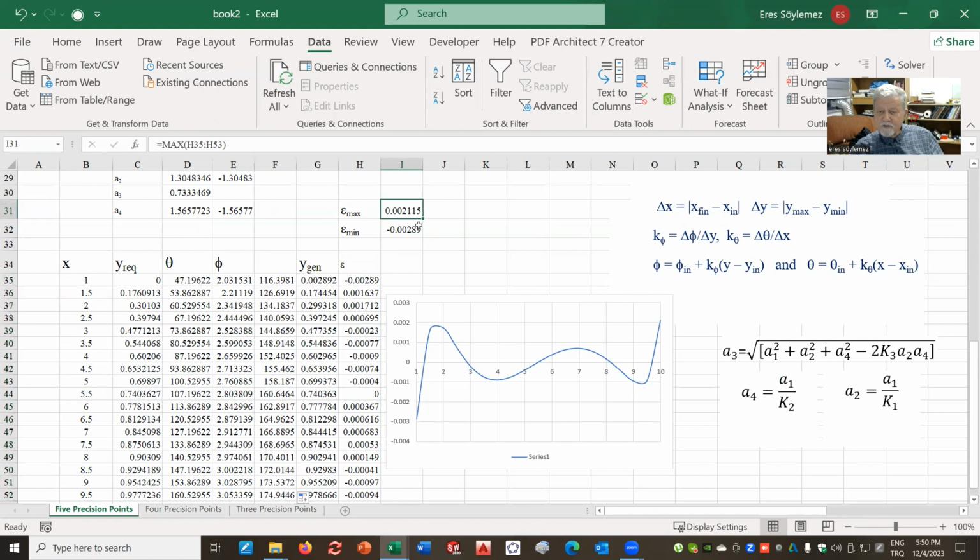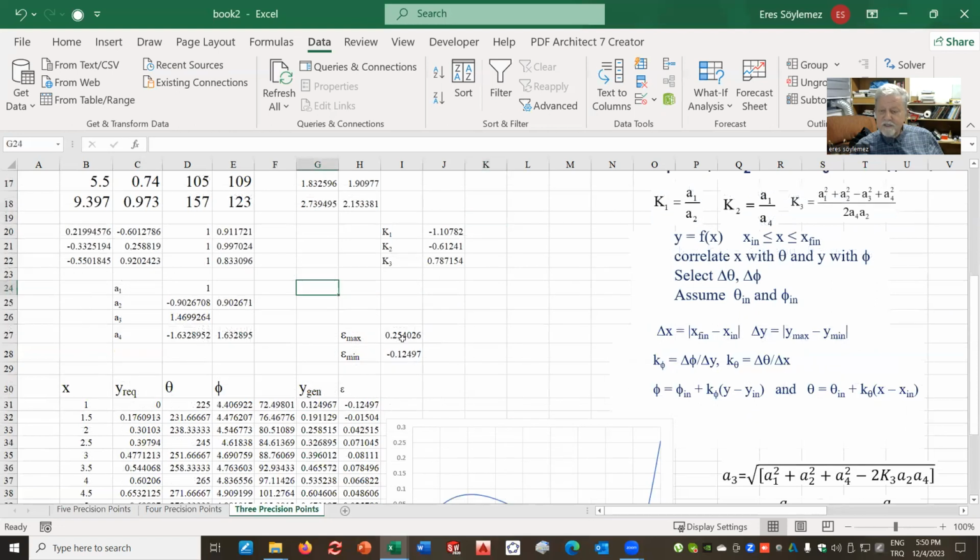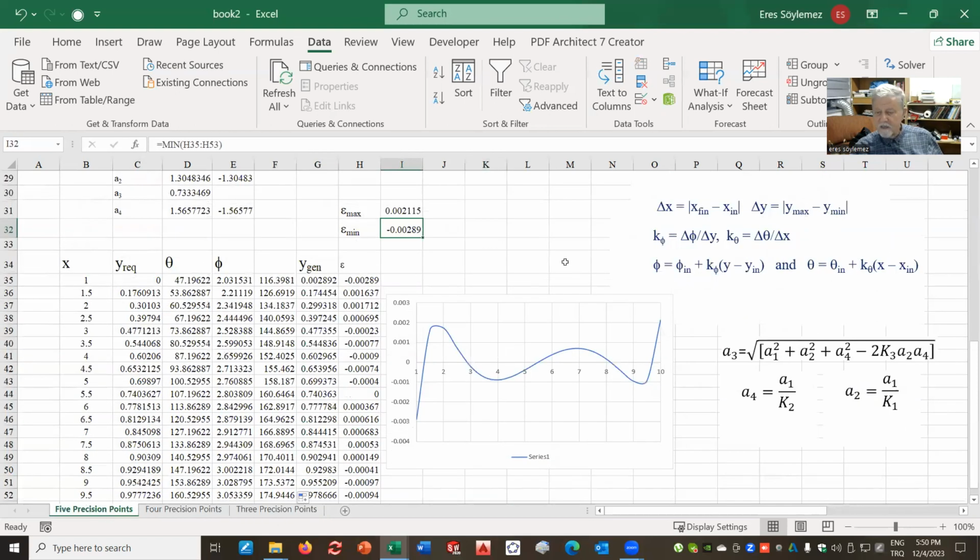Now, the maximum error is 10 to the minus 3 times 10 to the minus 3. Please look. This gives me 3 times 10 to the minus 3. This gives me 1 times 10 to the minus 2. This is 0.25. There's a huge improvement, as you can see.